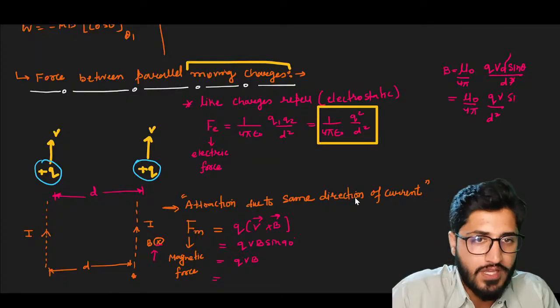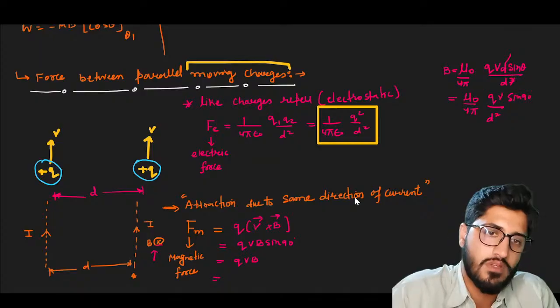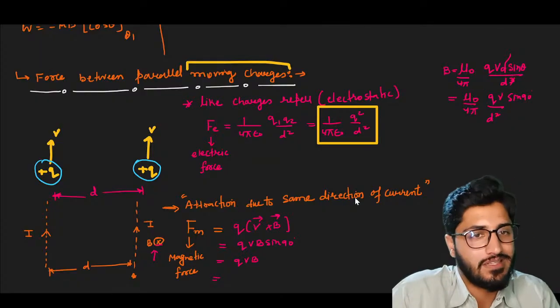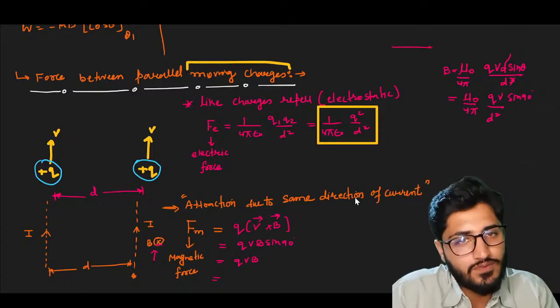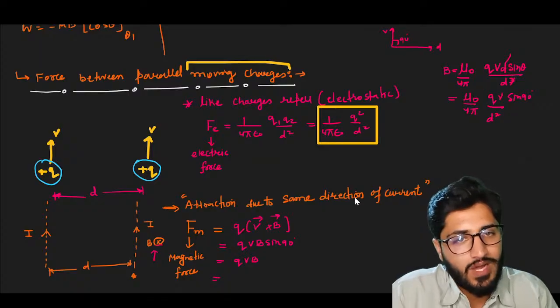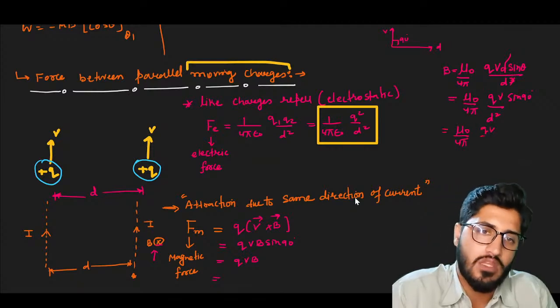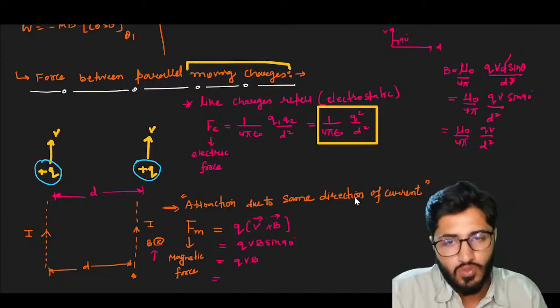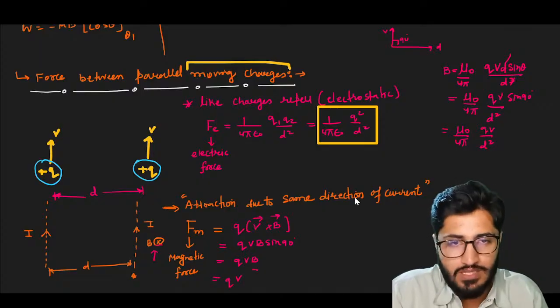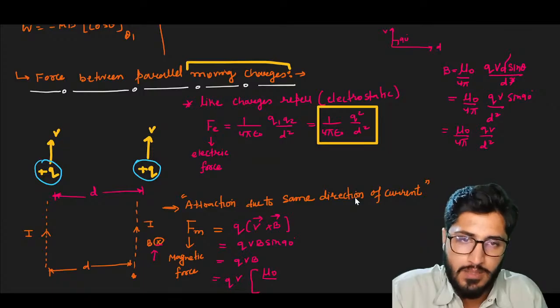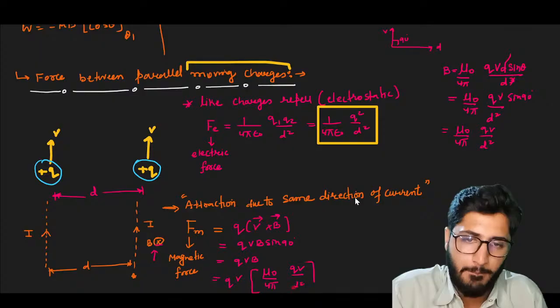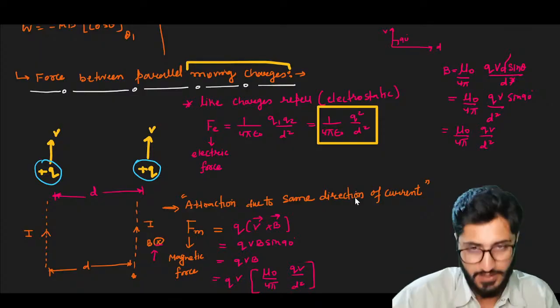So here we are having sine 90 degree also. Why? Because d is in this way and v is in this way, so angle is 90 degree. So this value came out to be mu naught by 4 pi qv by d square. Okay, look here now.